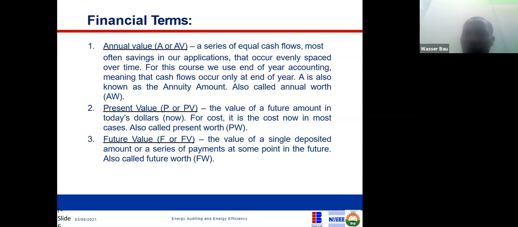It is the value of a future amount in today's dollar. So if you are going to make an investment, or embark on a power project or energy project, the amount of money you are investing today is called the present value.